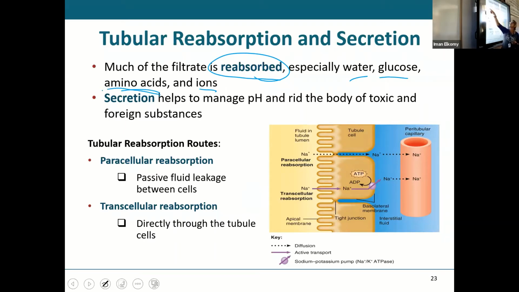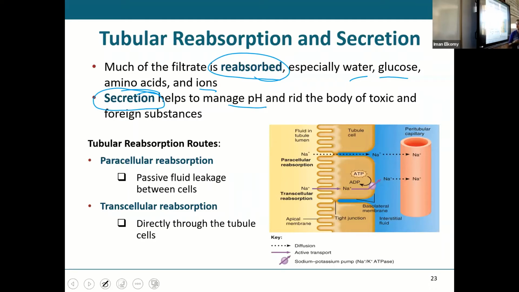And then we are going to also secrete anything that we don't need. So we're going to secrete any of the waste products that may happen to be reabsorbed by accident. We'll also use secretion to balance our pH, and that's going to be something that we'll do at the end of the tubules, because it is really important to have your blood balanced as far as pH is going.